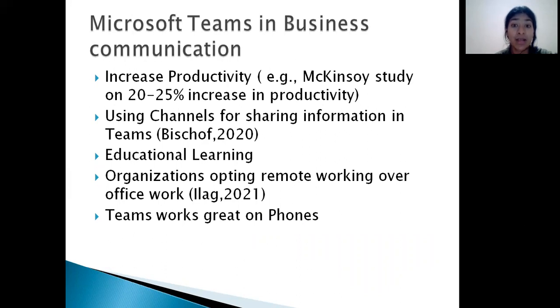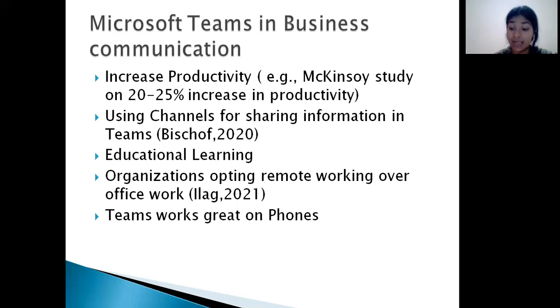Using channels also helps in sharing information to a particular team. It helps in educational learning. People are opting for remote working over office work as they want to work in the area where they feel comfortable. Teams works great on phones as all the time we don't have the heavy laptops and computers.